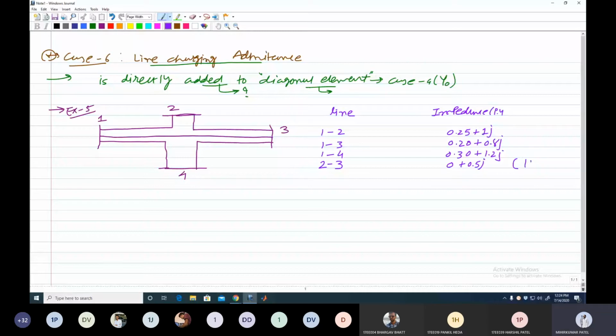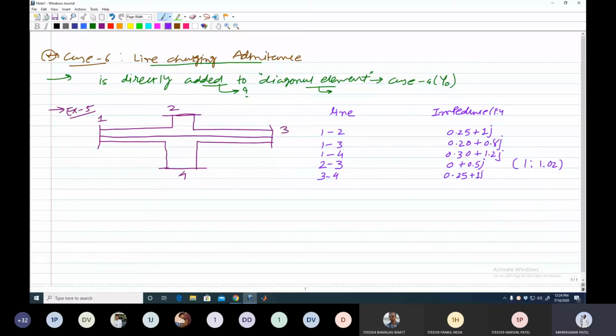I will show you the transformer here between bus number 2 and 3. First, you have to just write down the data. Then between bus number 3 and 4 is the same as line 1, 2, that means 0.25 plus 1J.